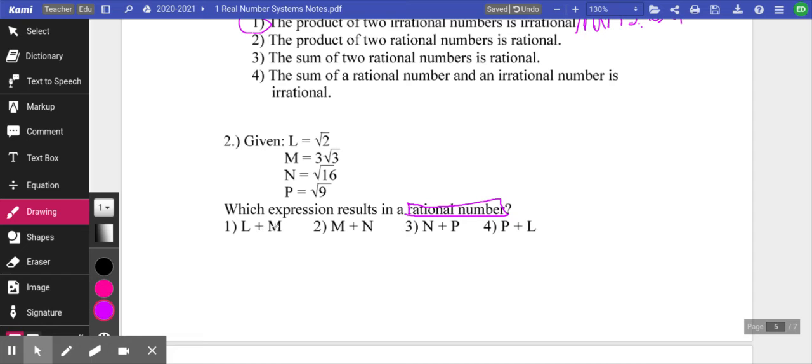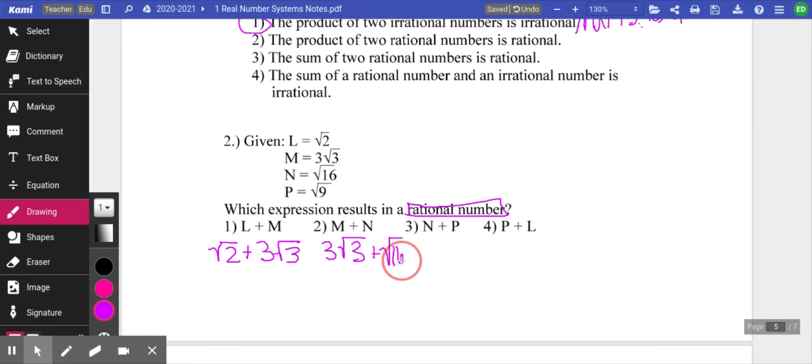L plus M. Well, L is the square root of 2, plus M, which is 3 square root of 3. Put that in your calculator and try it. See what kind of number you get. M, which again is 3 square root of 3, plus N, which is the square root of 16.